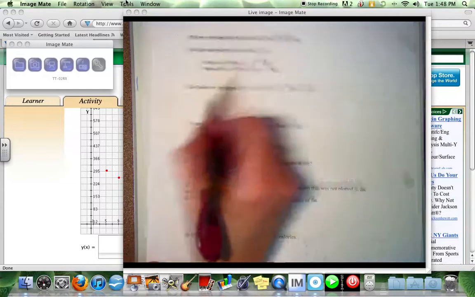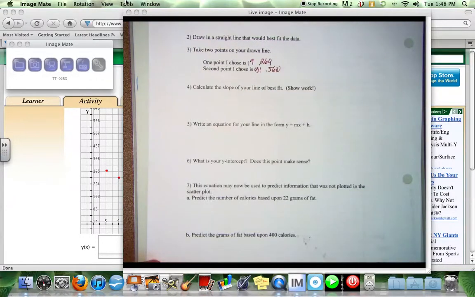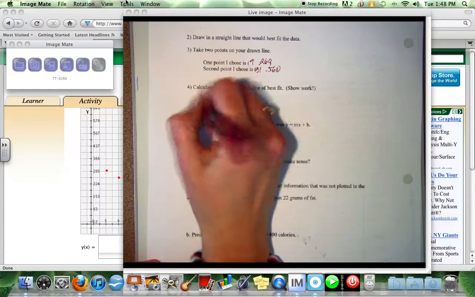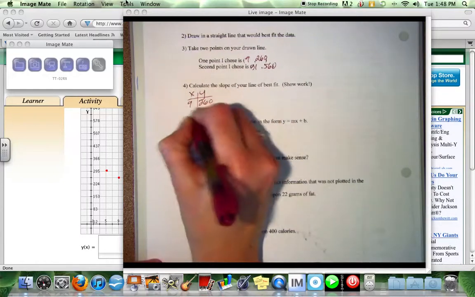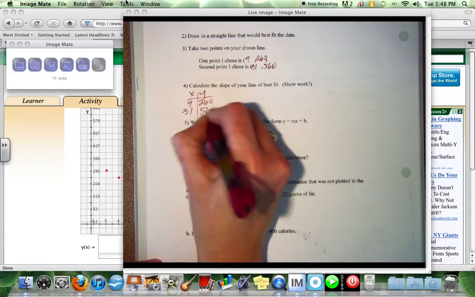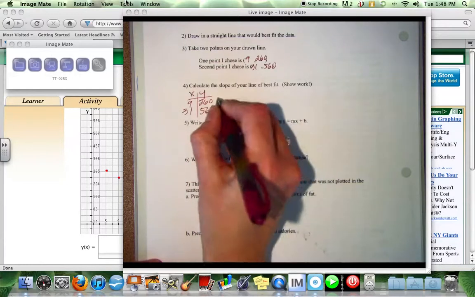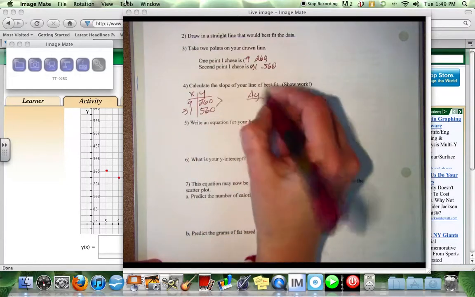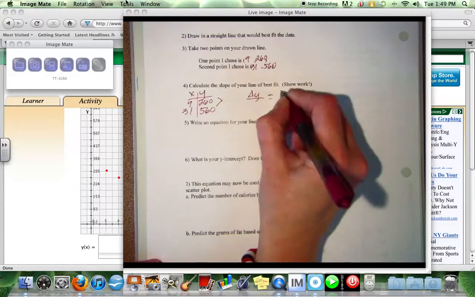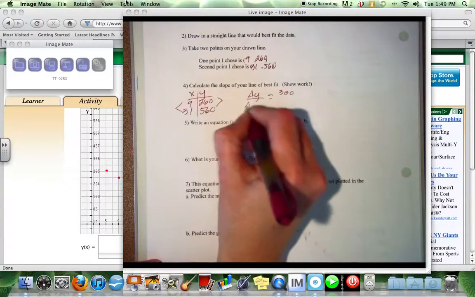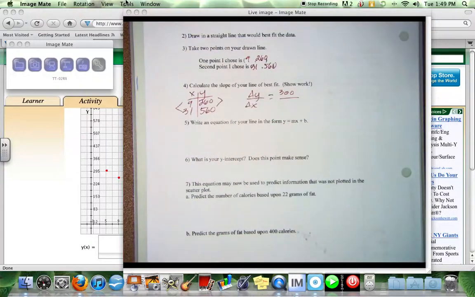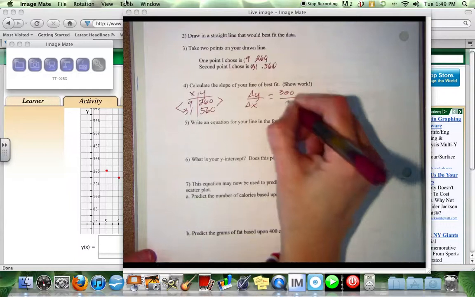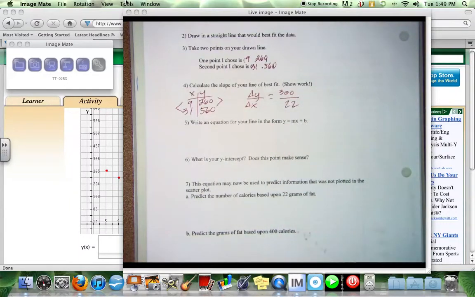Number 4 asks us to calculate the slope of the line. So I have 9 and 260, and I have 31 and 560. My change in y is what? 300. And my change in x is 22.